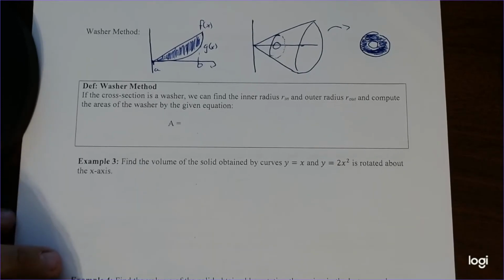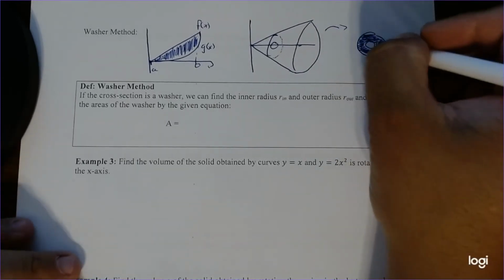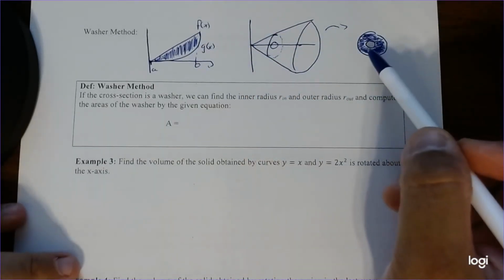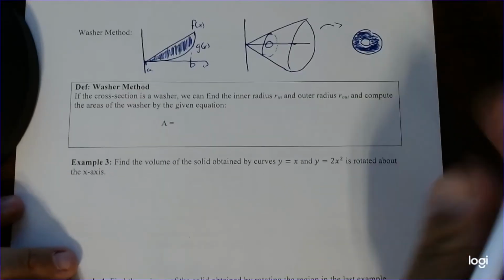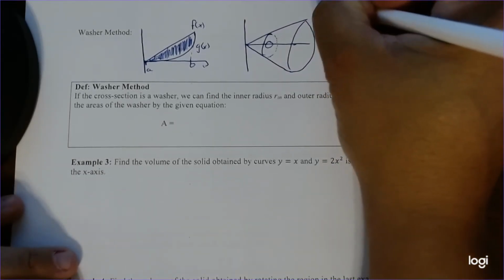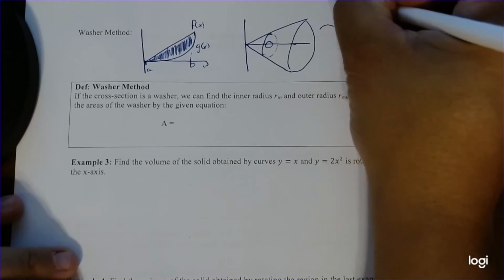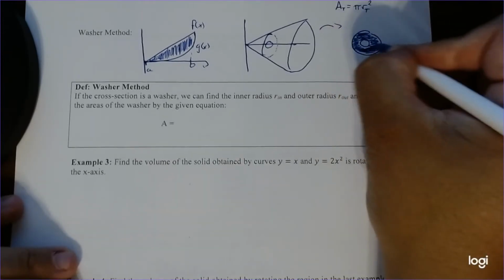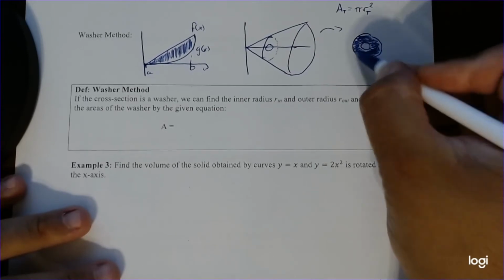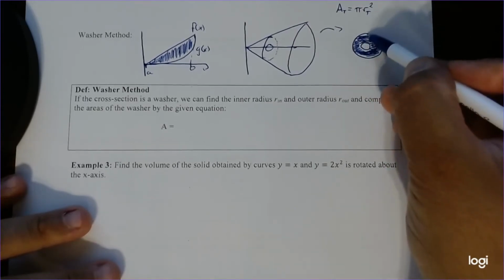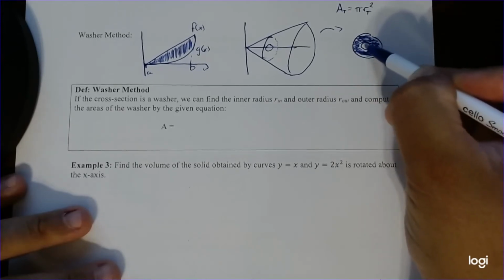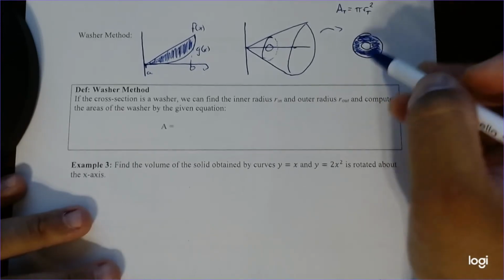So essentially, we want to find the area of this region and then relate it back. The good thing is, we already know how to do this. We know how to find the area of the entire portion. So let's say the total area is pi r squared, where r is the total radius. And we want to find this region. You agree that the area of the region we want is the total area minus this little small patch that's empty.